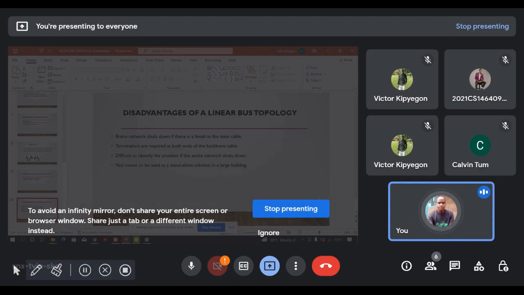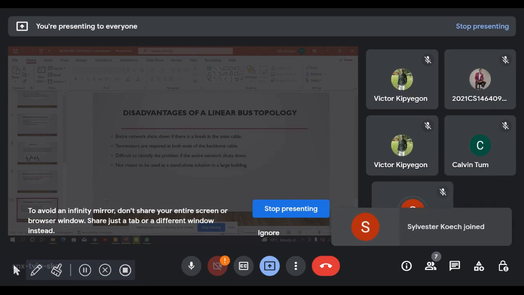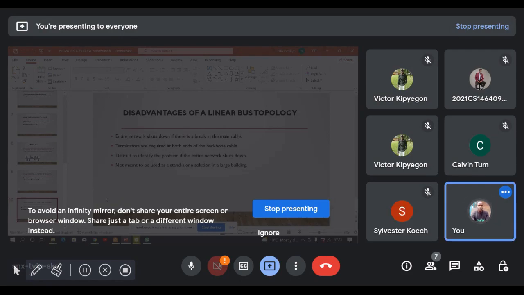Then terminators are required at both ends of the backbone cable. I had already shown you what the terminators are. Then it is difficult to identify the problem if the entire network shuts down. Lastly, it is not meant to be used as a stand-alone solution in a large building.